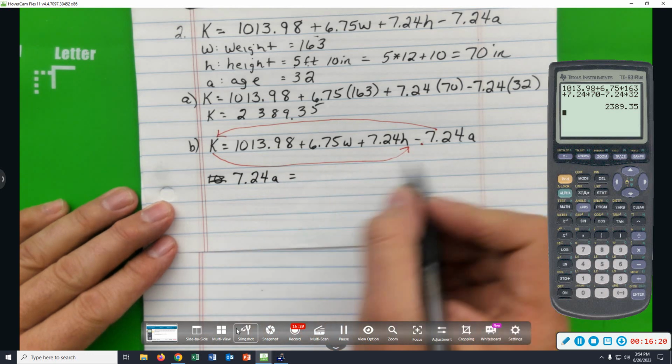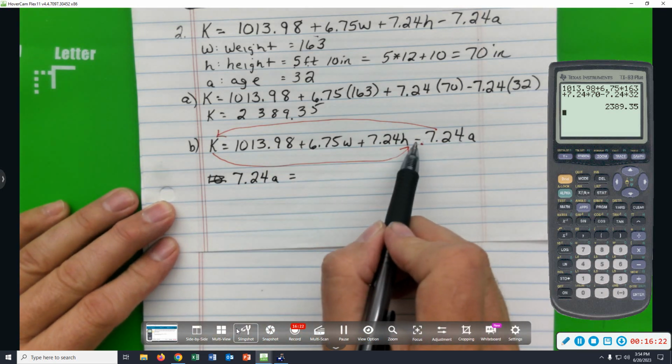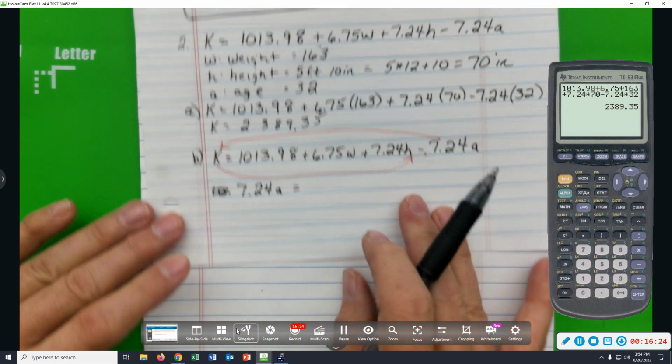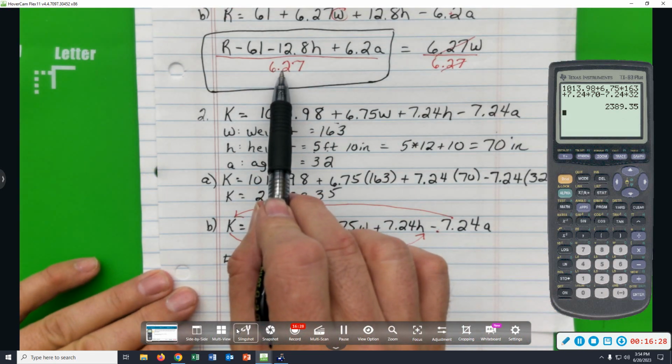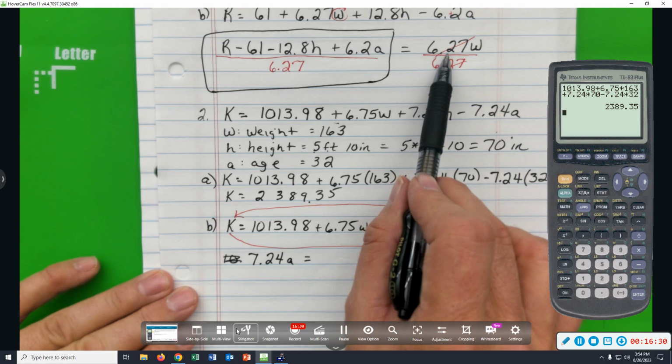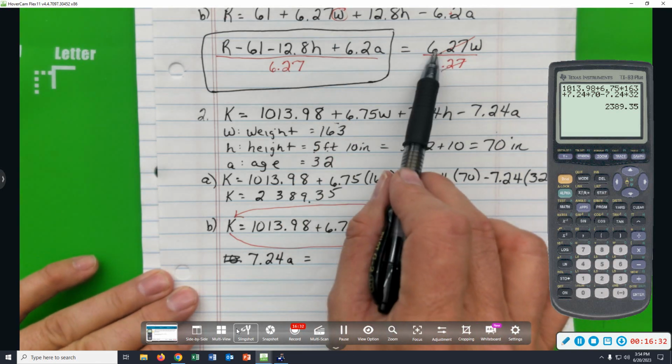The reason I'm moving that over is I don't like having that negative there. We don't want the number in the bottom of a fraction to be negative. That's why I left the W over here on the right, because it was already positive.